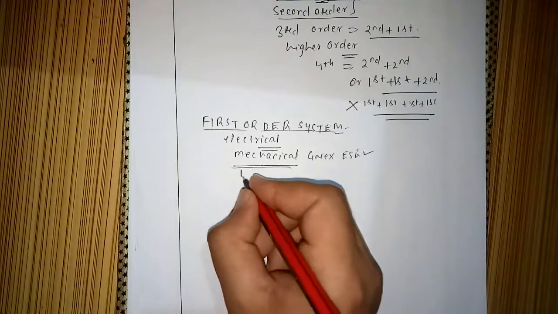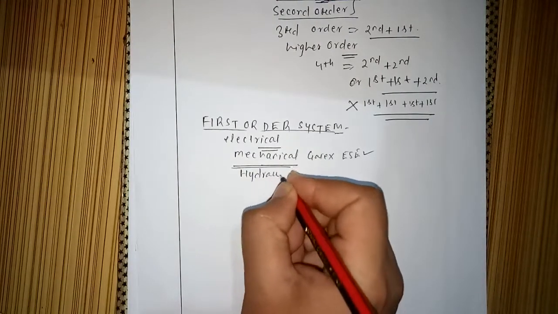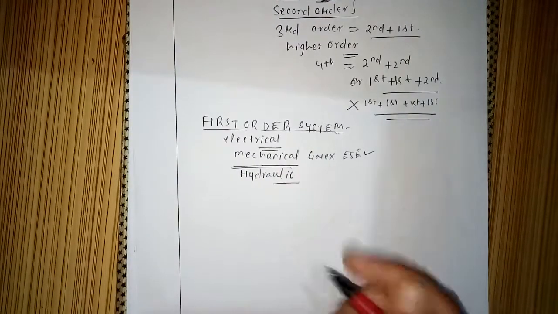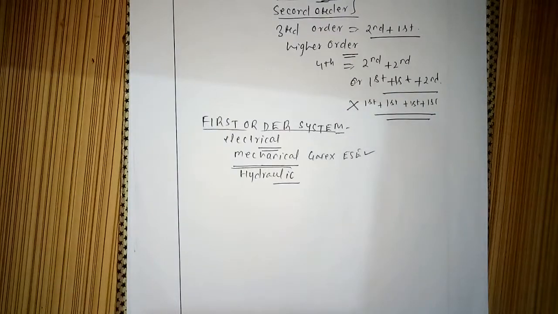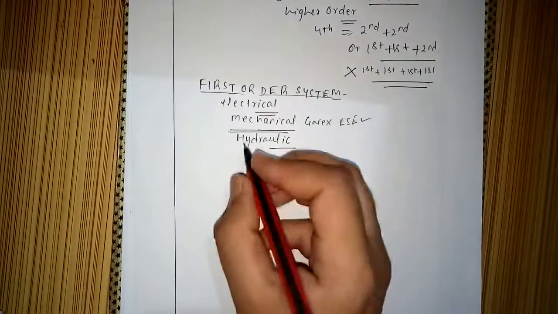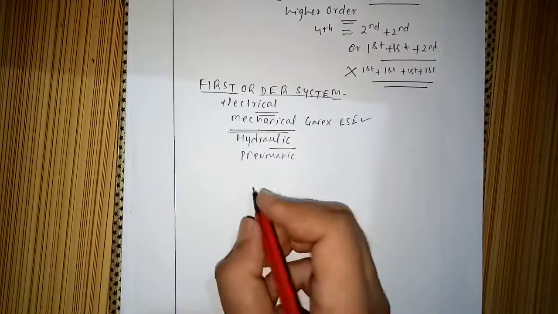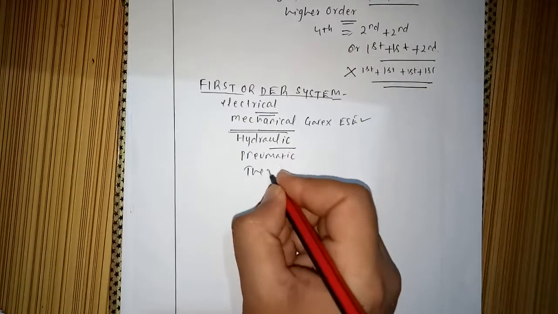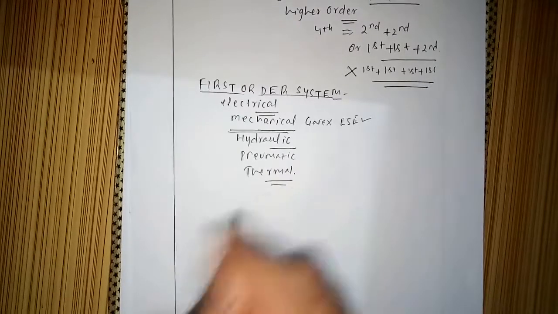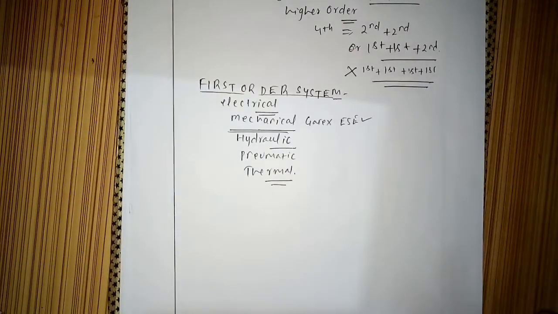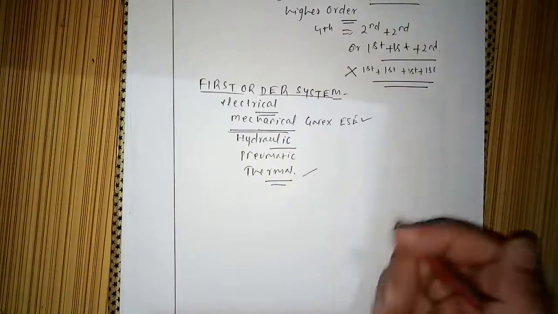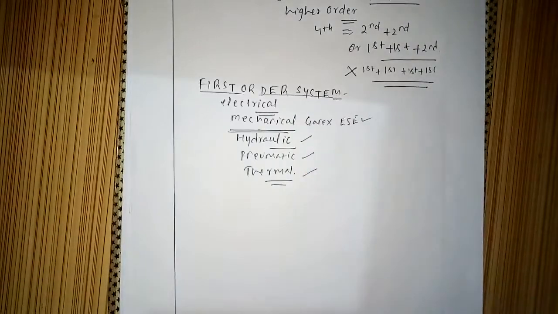And there can be other systems, hydraulic system. We will not deal with this system in this course. And there can be pneumatic system, and there can be thermal system. Thermal system is like heating of water and temperature in a furnace. Those kinds of systems are thermal systems. Pneumatic system can be there, hydraulic system can be there.